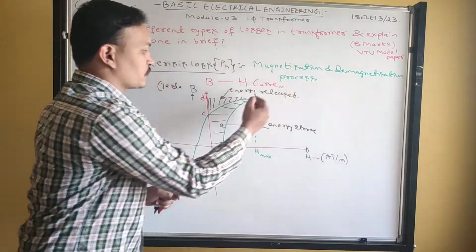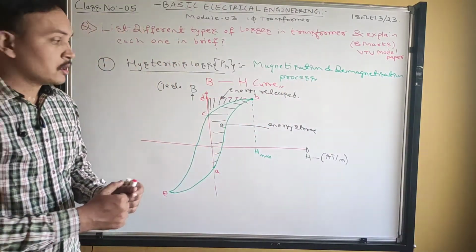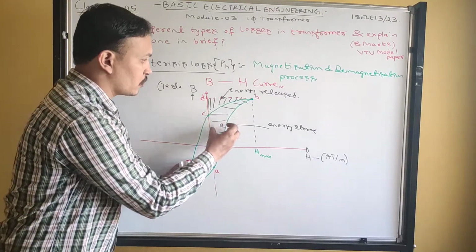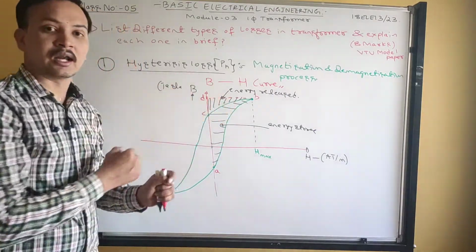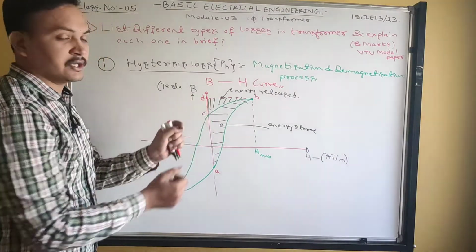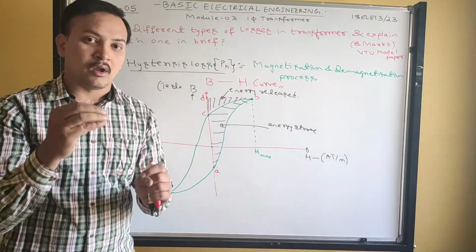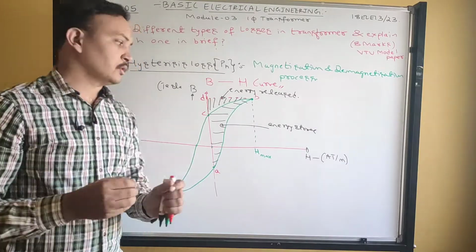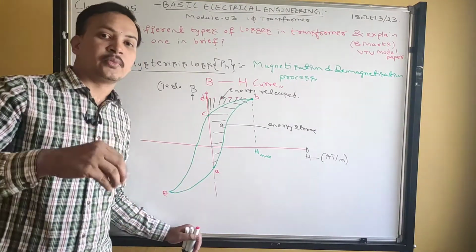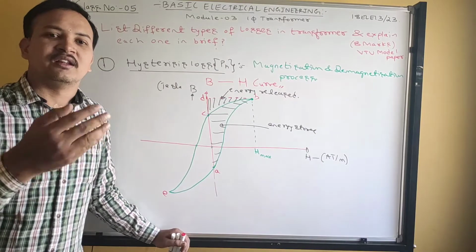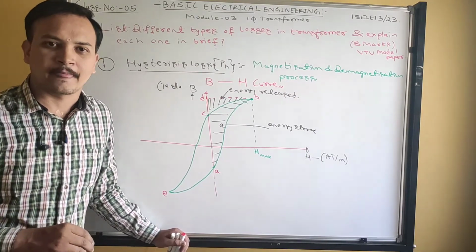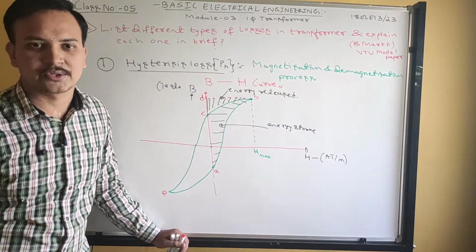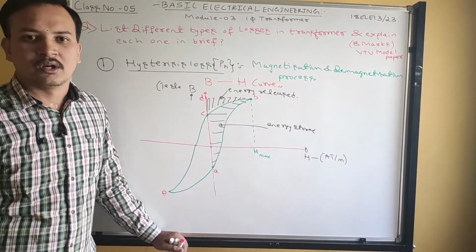During the demagnetization process, energy will be released. But due to the difference in this energy, see, energy stored is more compared to energy released. Due to the difference in the energy, you will get the net losses during each half cycle. These losses will produce more heat in the transformer core. That heat is in the form of power loss, so called hysteresis loss.